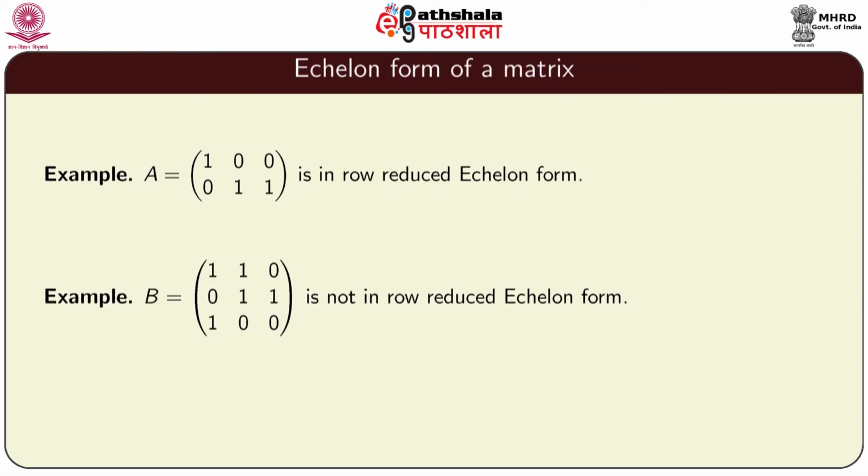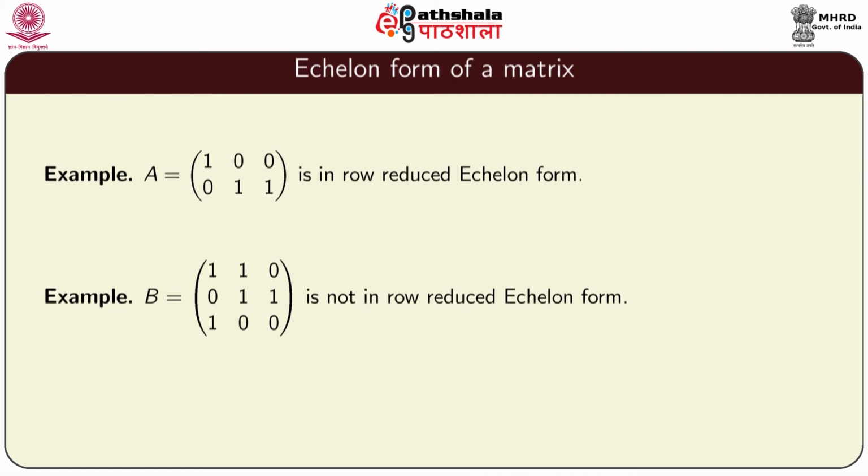Now, proceed to the next example. B, the matrix, is not in row reduced echelon form. Why? Because if you look at the first row, the first non-zero entry is 1, but in the column which contains this first non-zero entry, that is the first column, we can see that there is one more 1 sitting at the 3, 1 position, which should not happen.